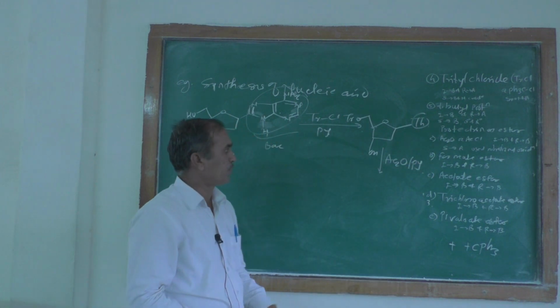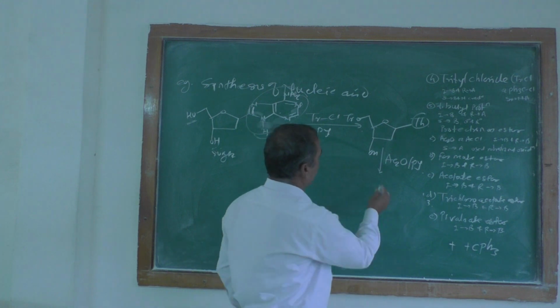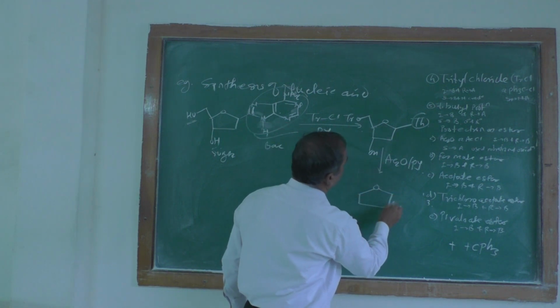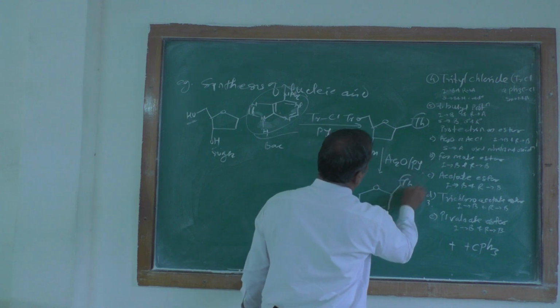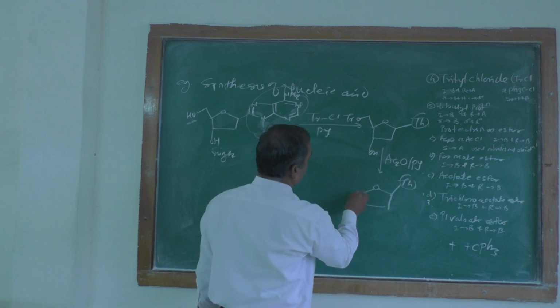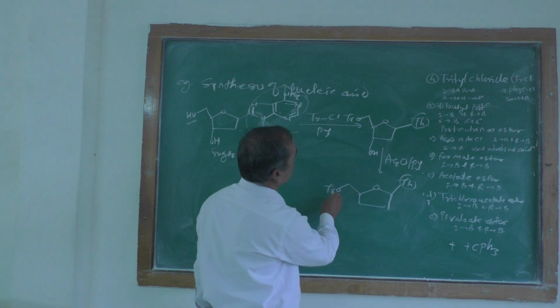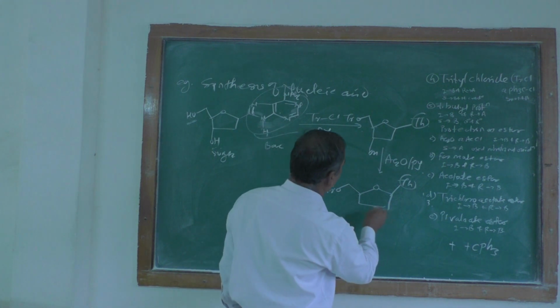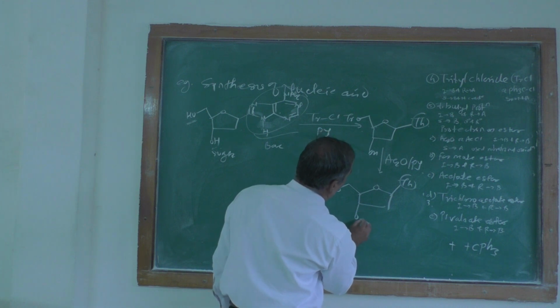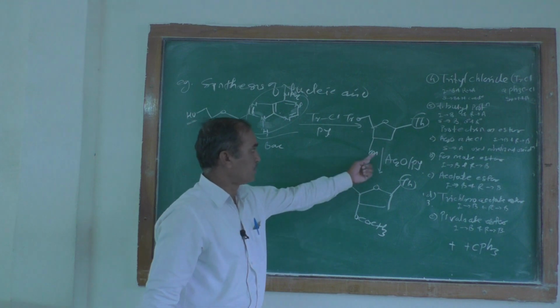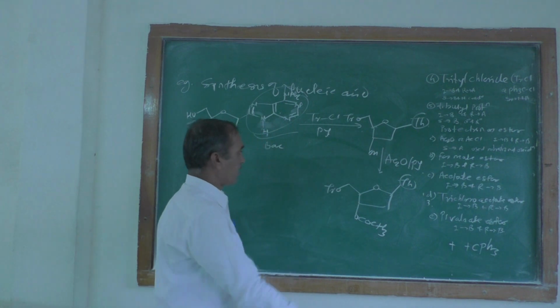What are you going to get here? You will get this product, with TH in short, then OTr, the trityl protecting group, and here O and COCH3. This compound also gets protected.